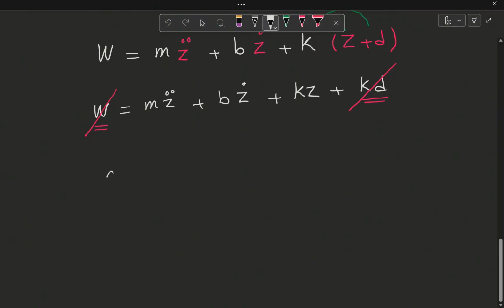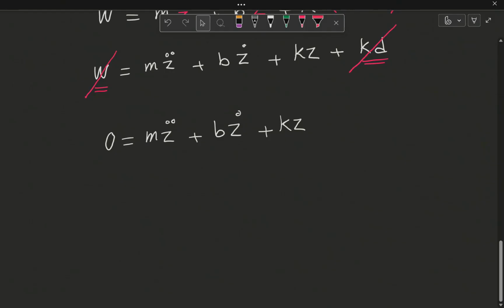You will end up with 0 equals m z double dot plus b z dot plus k z. Let's do a quick sanity check for this. How many families do you have here? Well, you have only one family, that's the family of z. And within that family, you have three members, z, z dot, and z double dot. And you guys see that there are no sign mismatches within the members of the family. So you can safely box this equation.